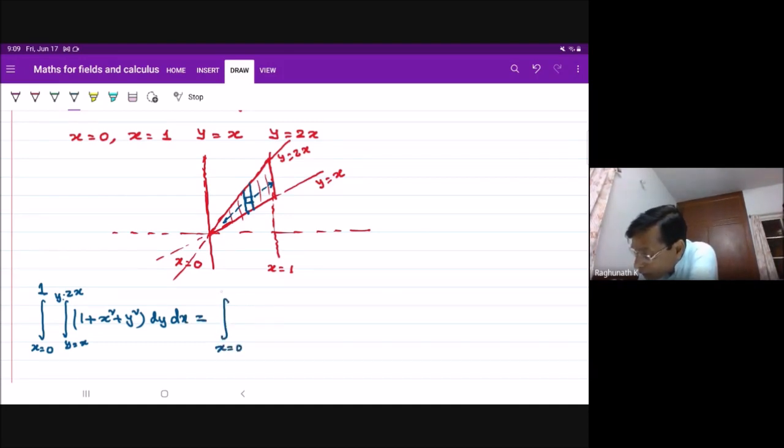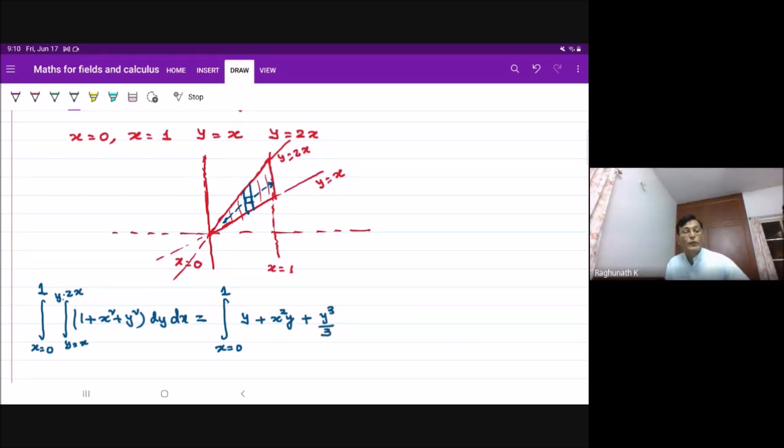1 plus x square plus y squared dy dx is equal to integral x is equal to 0 to 1. What is it? y plus x squared y plus y cube by 3 is the integral of 1 plus x square plus y squared with respect to y from x to 2x dy.